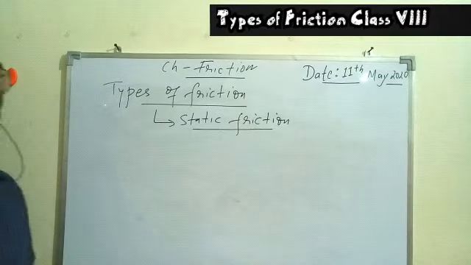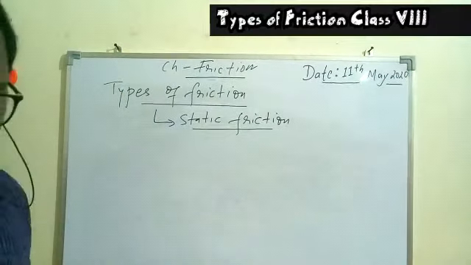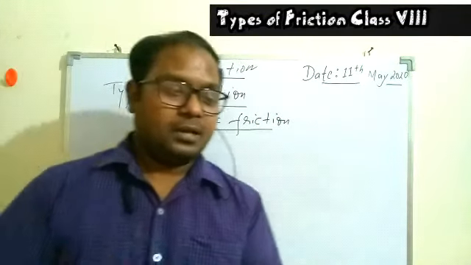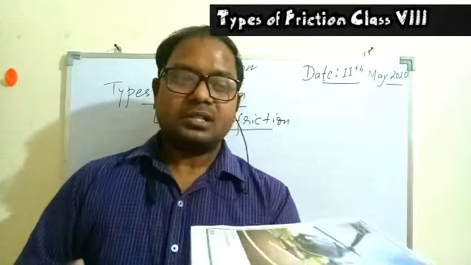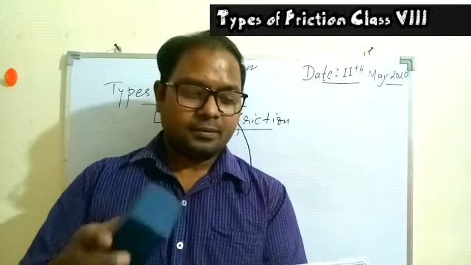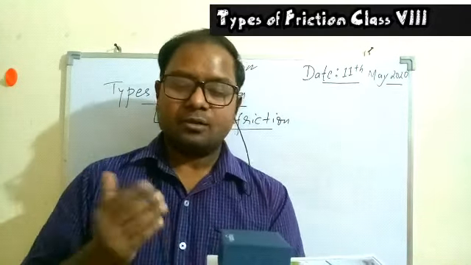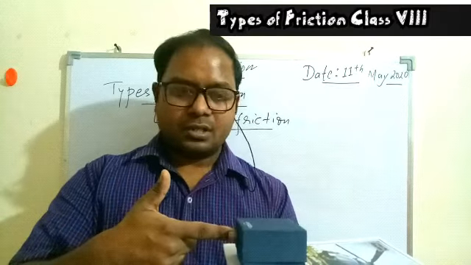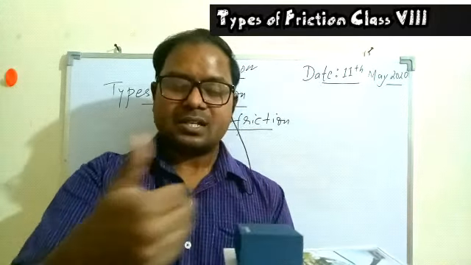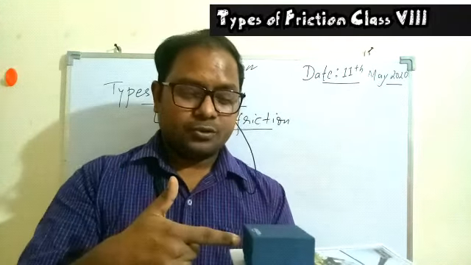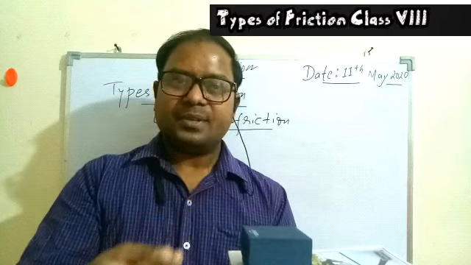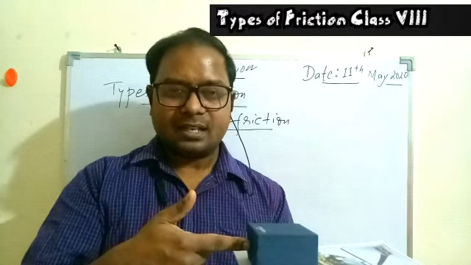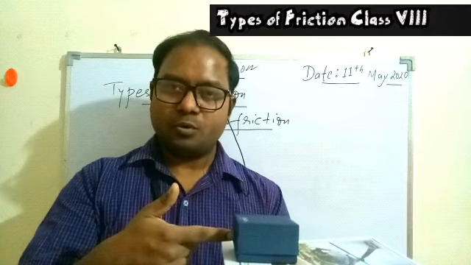Before we get to a definition, let's understand a simple activity or simple example. If we imagine this is one of the surfaces that we have, and over this surface we have an object. The time I apply force in one direction, the friction will start acting in the opposite direction. When you start applying force, it may take some time because less force may not move it. If I just touch and give a very small amount of force, the object is not moving.